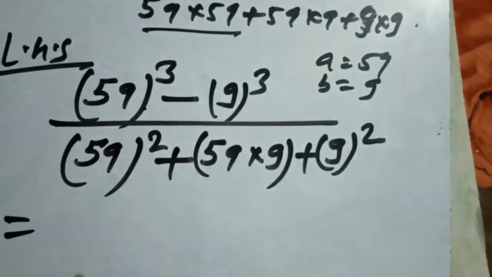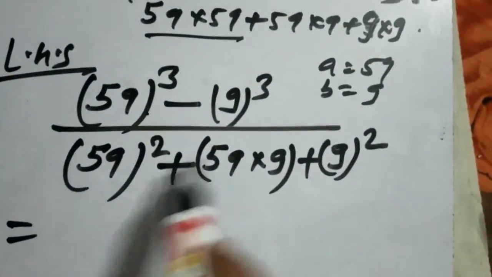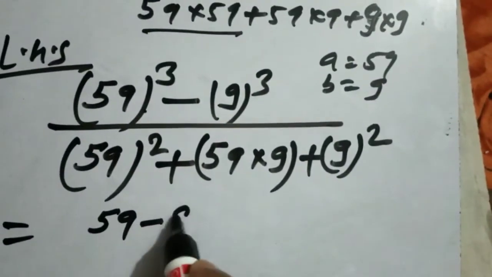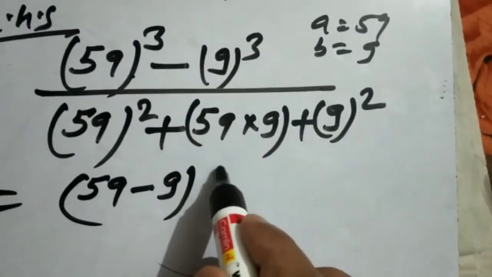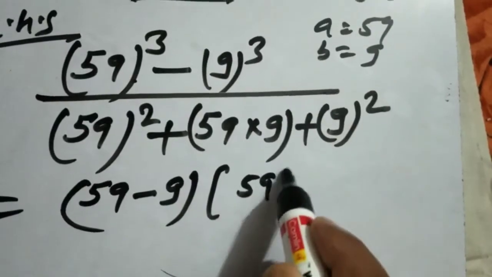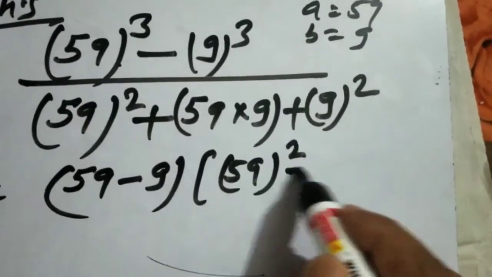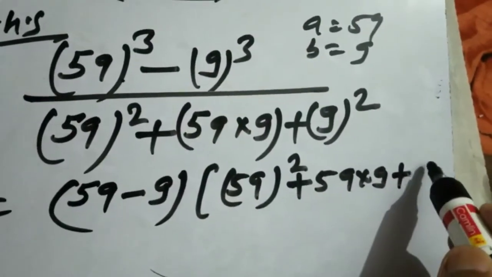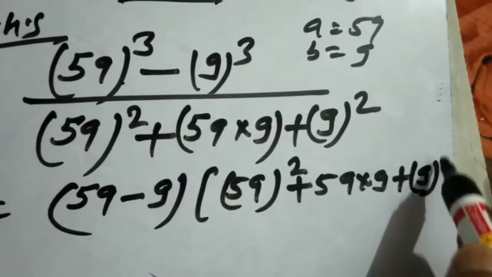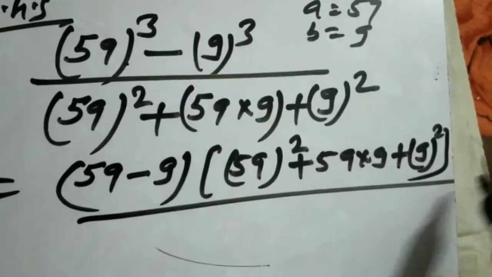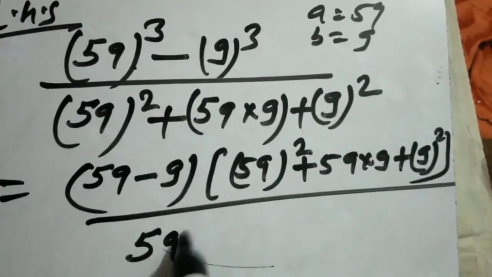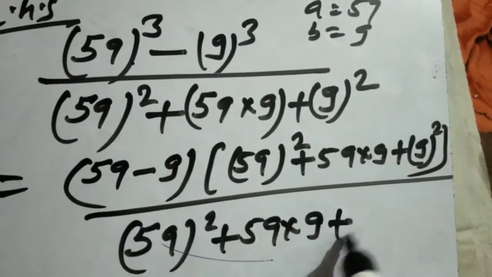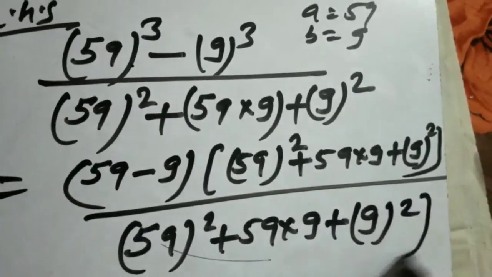So a cube minus b cube is (a minus b), that is 59 minus 9, times (a square, 59 square, plus 59 into 9, plus b square, that is 9 the whole square), and in the denominator we have 59 the whole square plus 59 into 9 plus 9 the whole square.